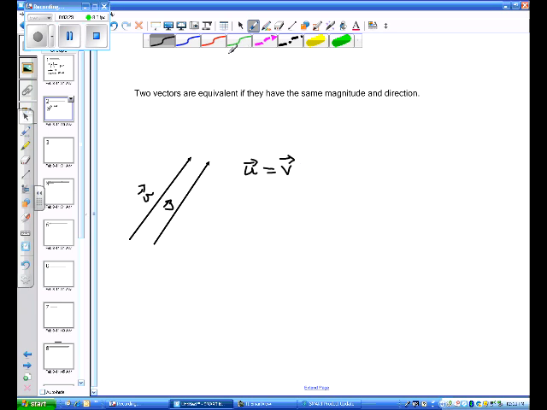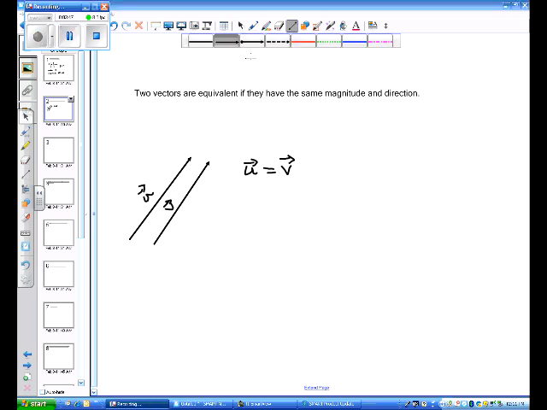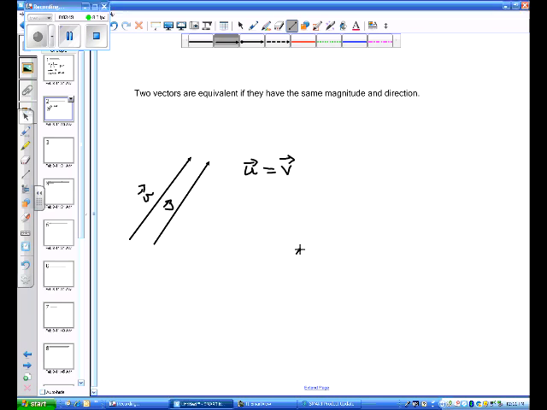Now, we could draw two other vectors. We could have vector r and then we could have vector s.